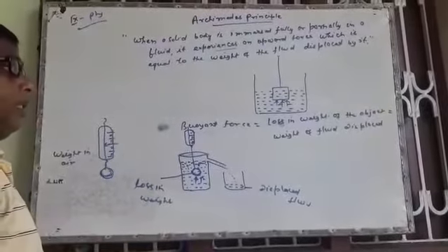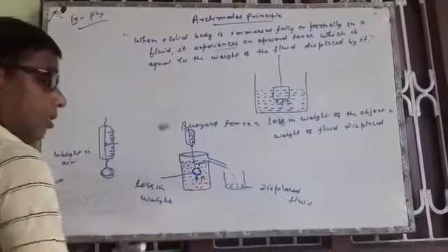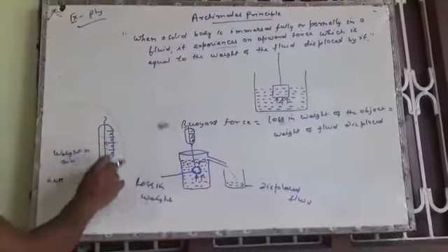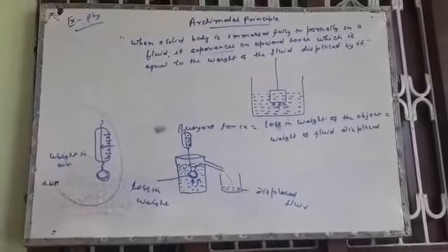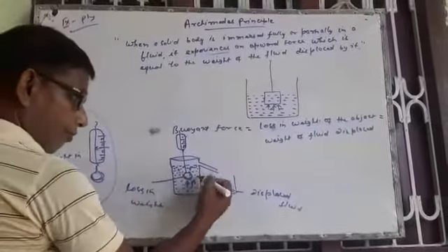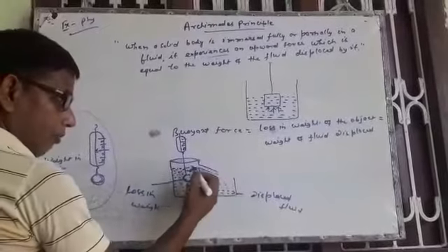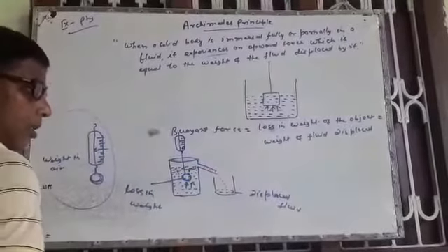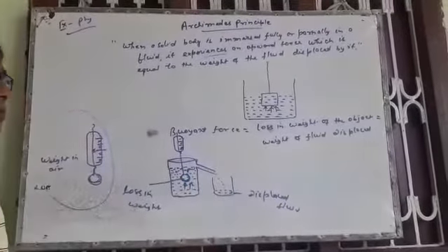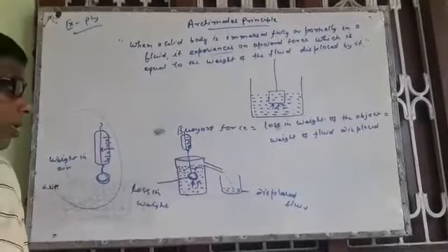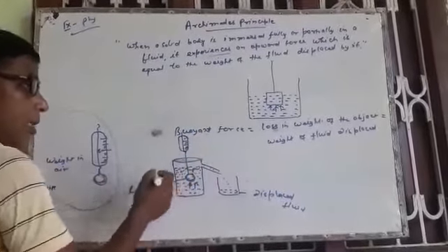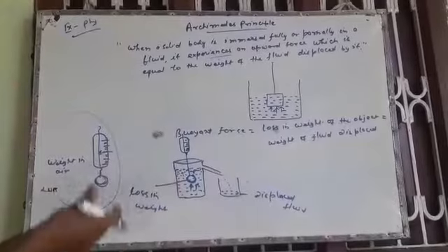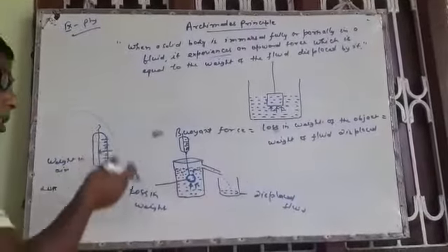According to Archimedes principle, I have taken a solid and measured the weight first of all in air. It shows 50 grams, 60 grams, maybe 1 kg, etc. Now take an overflow can, filled with water up to the side tube. When we dip the solid fully in water, we see the indicator of the spring balance shows less mass; there is loss in the weight.